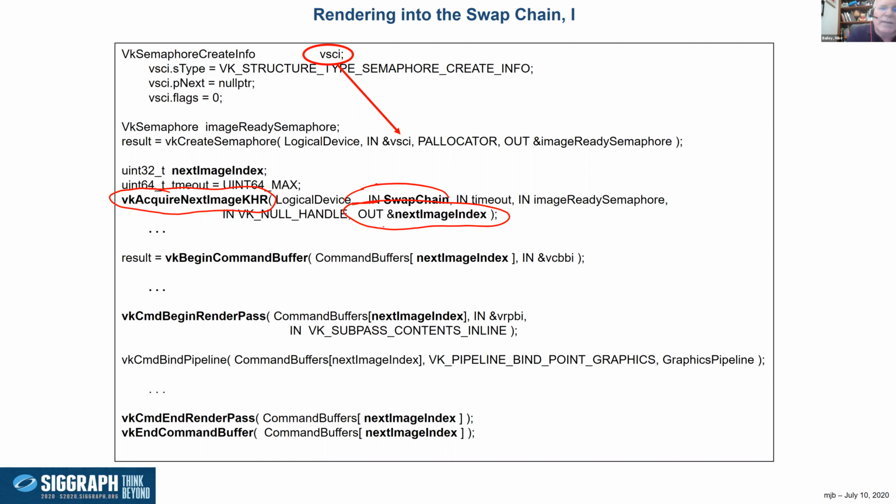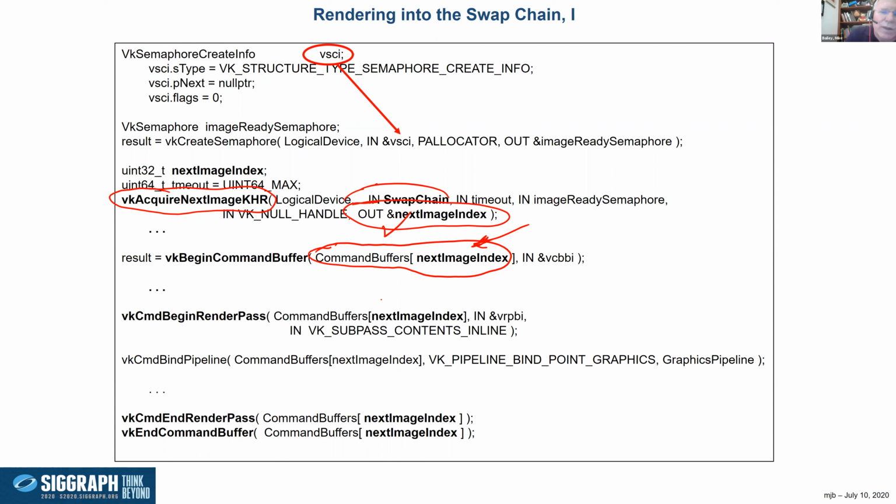And it comes back and tells us a number between 0 and 1 less than the number of images in the swap chain. So in this case, it's 0 or 1. I begin the command buffer with the correct command buffer, not the one that's being processed right now, but the one that isn't being processed right now.